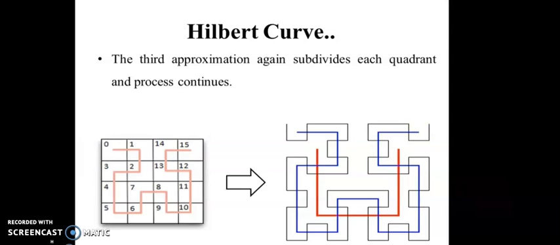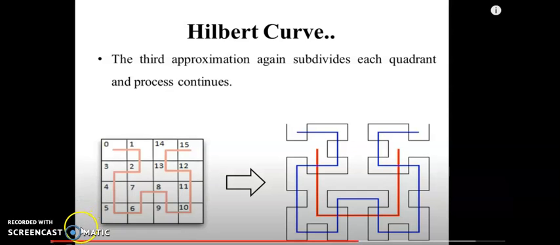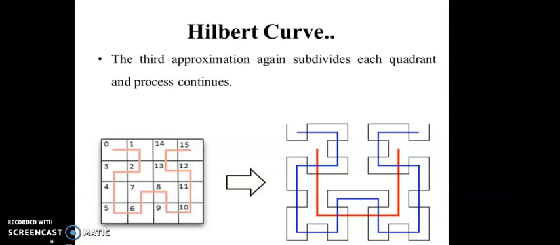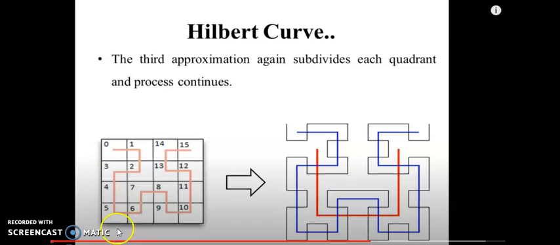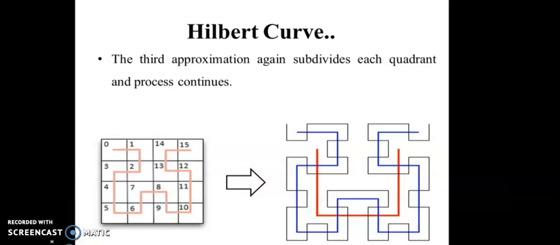In the diagram, the red one is the first approximation, blue is the second approximation, and black is the third approximation. In each approximation every line is separate from another and they are not overlapping. That's all about the Hilbert curve generation algorithm.